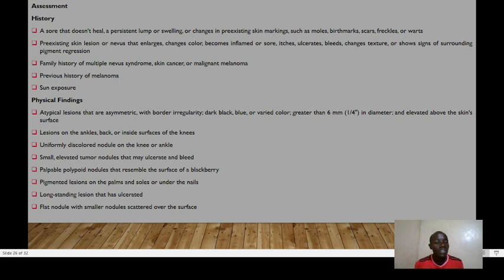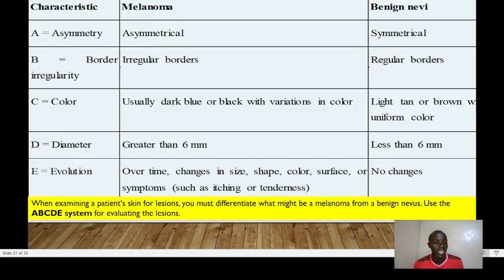Small elevated tumor nodules that may ulcerate and bleed. Palpable polypoid nodules that resemble the surface of a blackberry. Pigmented lesions on the palms and soles or under the nails. Long-standing lesions that have ulcerated or flat nodules with smaller nodules scattered over the surface could be some of the findings that you could get.